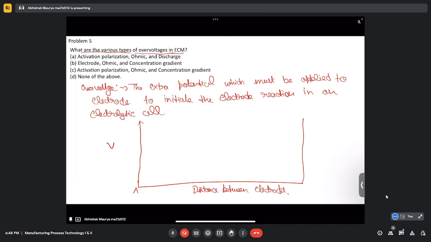Here I am assuming the anode, here it is the cathode. If you see in an actual experimental setup, the potential curves will look something like this.